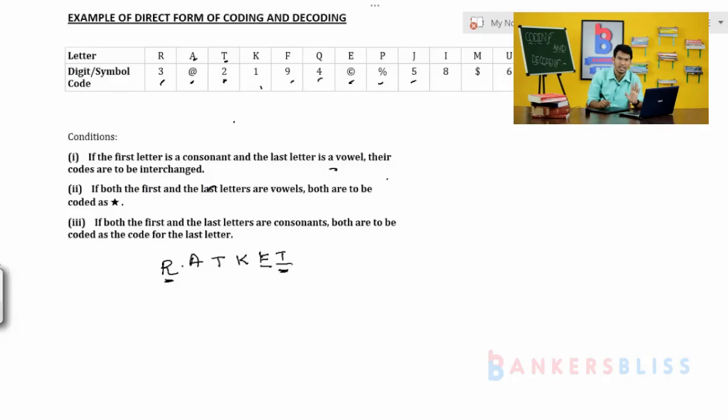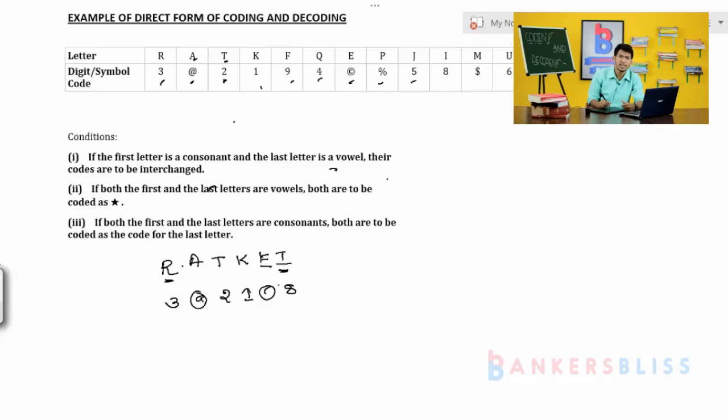That is the condition they are giving. How are we going to represent it? Simple form, guys. R is coded as 3, A as @, T as 2, K as 1, F as copyright, I as 8.